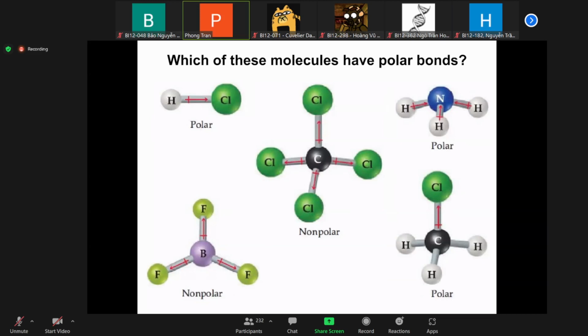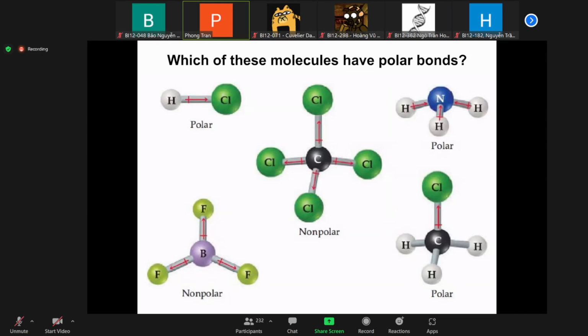If the two atoms are identical, the vector equals 0, so you have a non-polar compound. If the two atoms are not identical, you have a polar compound. But when you have more than two atoms, you need to look at the geometry of the compound.